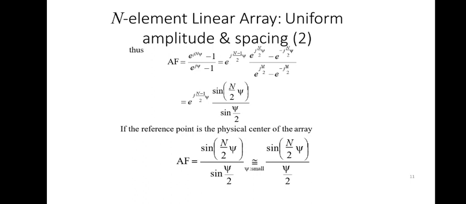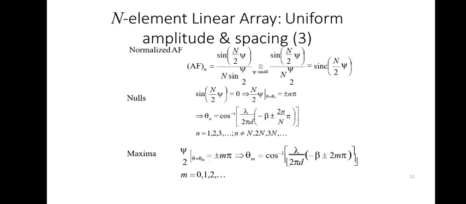If the reference point is the physical center of the array, then the array factor is sin(N psi by 2) by sin(psi by 2). For small psi values, sin(psi by 2) is approximately psi by 2, so the final answer is 2 sin(N psi by 2) by psi. This is the N element array with uniform amplitude and spacing.